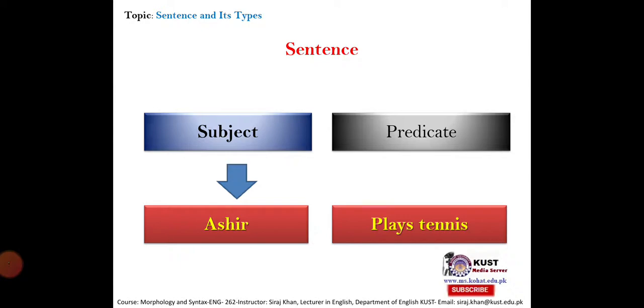So a sentence is a set of words that is complete in itself, typically containing a subject and a predicate, conveying a statement, question, exclamation, or command, and consisting of a main clause and sometimes one or more subordinate clauses.